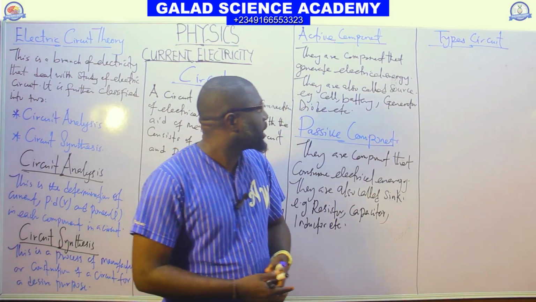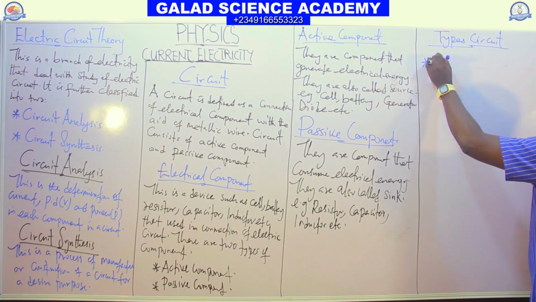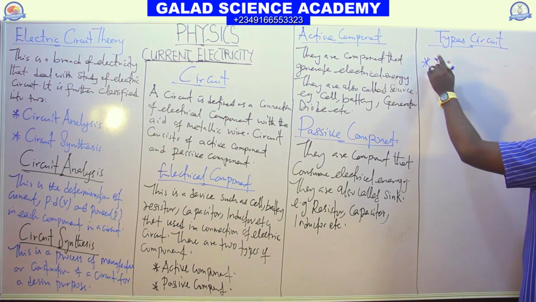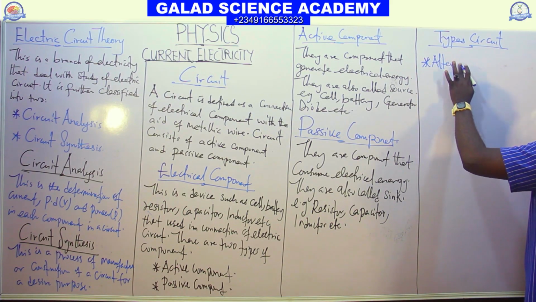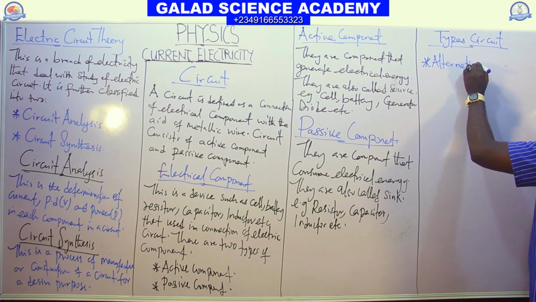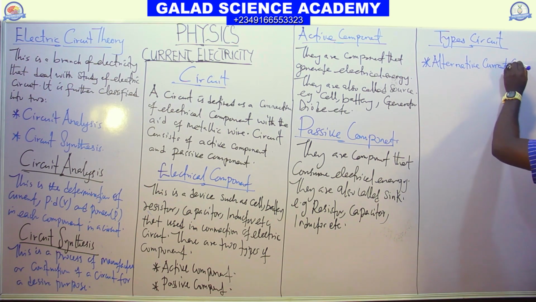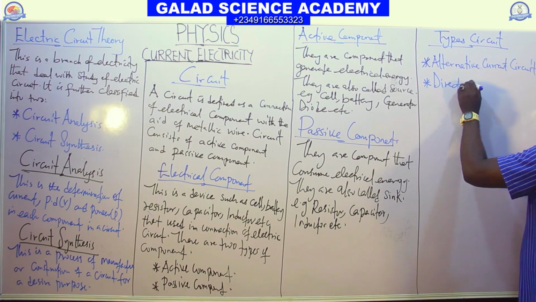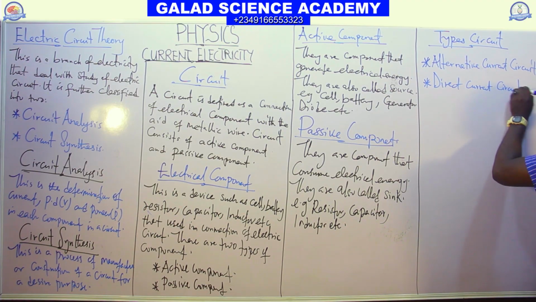The first one we have is alternating current circuit, and we have direct current circuit.